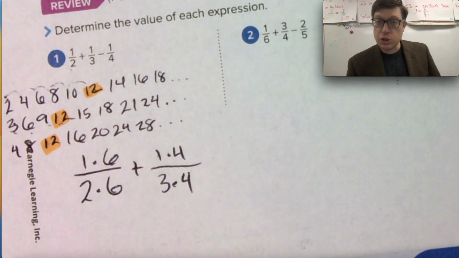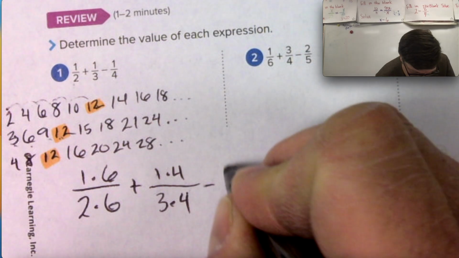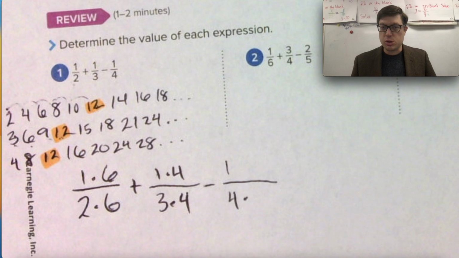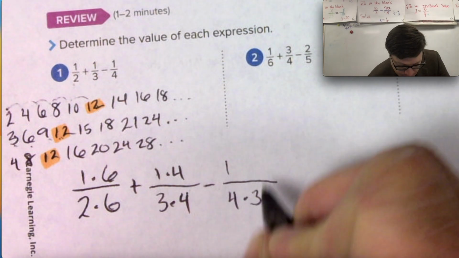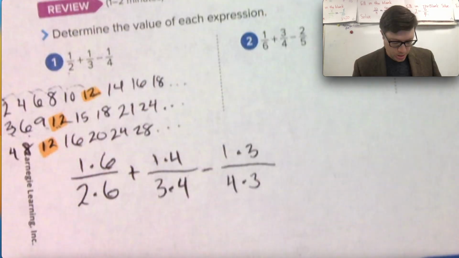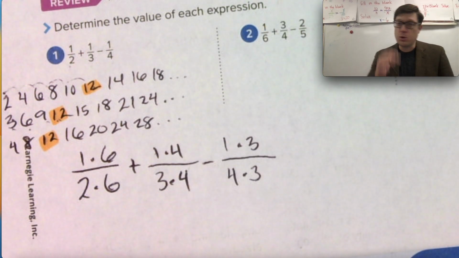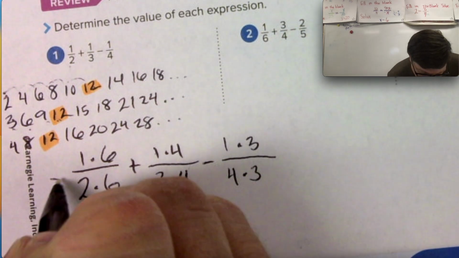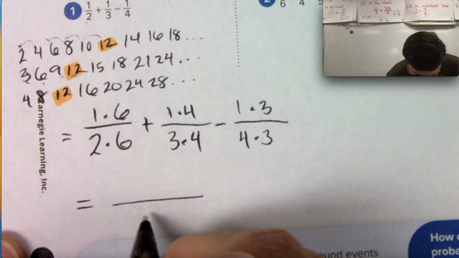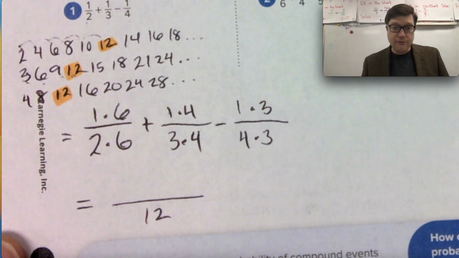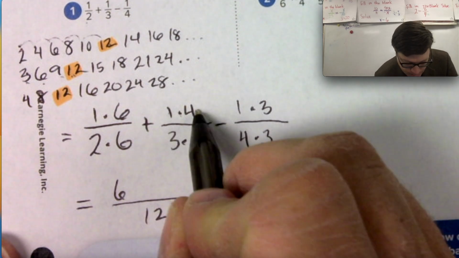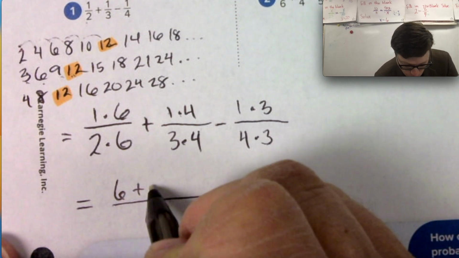The last one is we're going to subtract a 4th, so minus 1/4. In order to turn a 4 into a 12, you multiply by 3. So 4 times 3 makes 12, but you also multiply the numerator by 3. This creates one fraction where the denominator is 12, and the top of that fraction is 1 times 6, 1 times 4, 1 times 3.